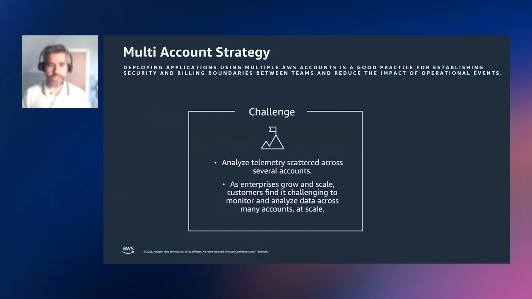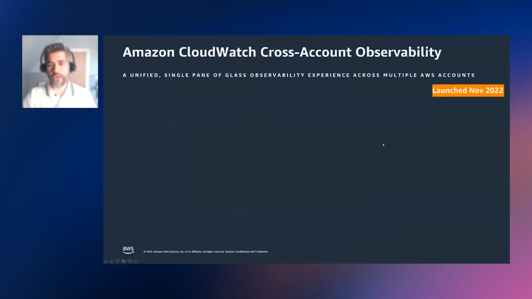And as you're growing and scaling, our customers often find it very challenging to monitor the data across different accounts. And they always come to us to say, how can I have a centralized view of all my telemetry? Well, we have a solution now, which is called Amazon CloudWatch Cross Account Observability. It gives you a unified single pane of glass observability experience across multiple AWS accounts.